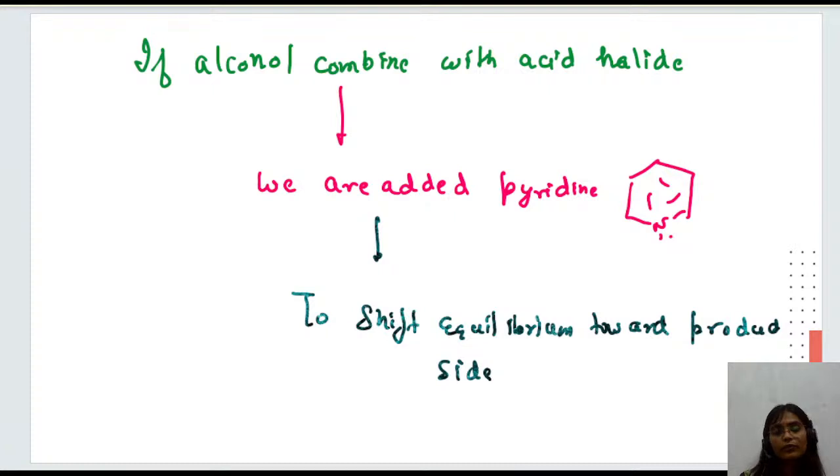I will explain. With the addition of this pyridine, you can increase the yield or shift the equilibrium toward the product side. But how? What is so special about the pyridine?